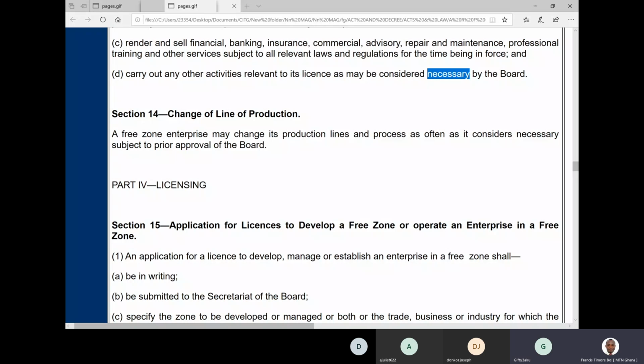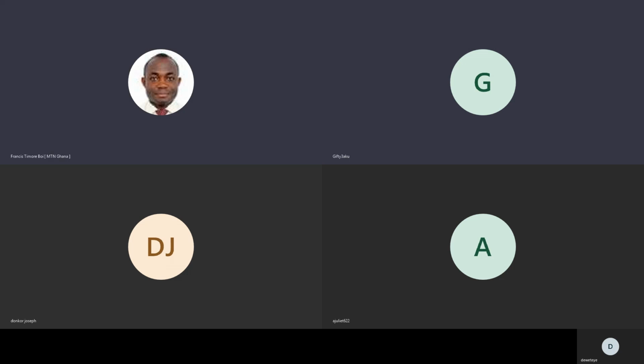What is the first requirement? You should put your application in writing. No, you need first of all to register a company or a partnership. I believe that is the first requirement. Is that not it? Oh, okay, yeah. And then if you want to develop, then you put in an application.